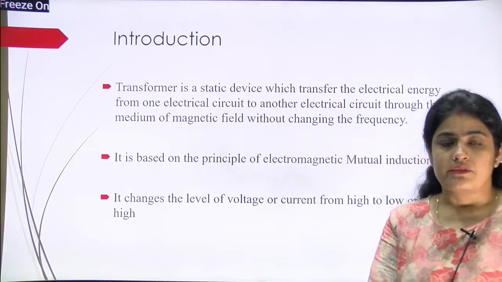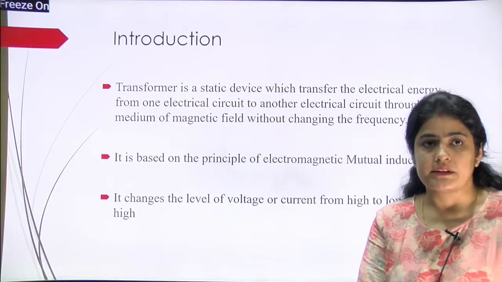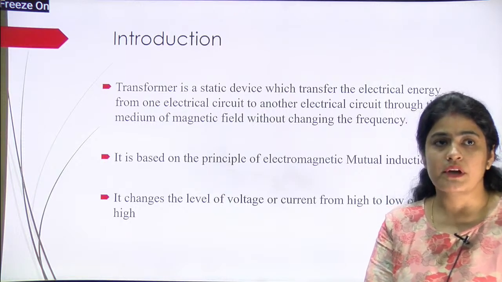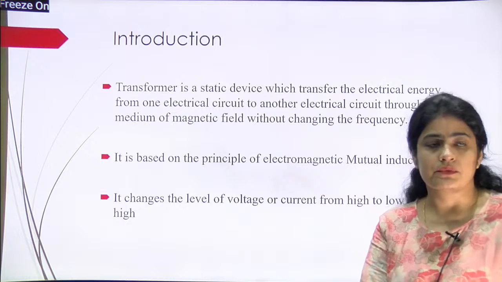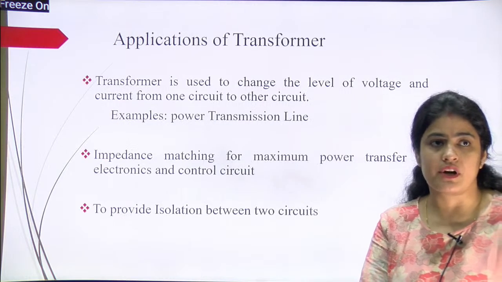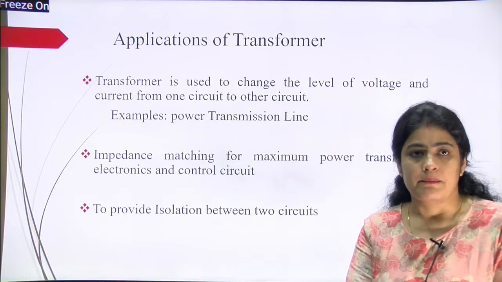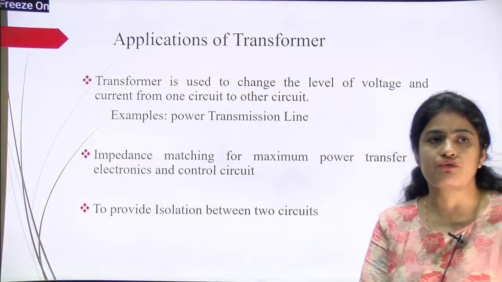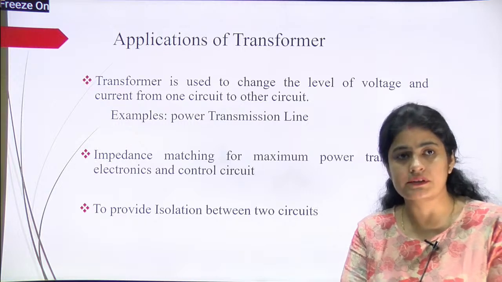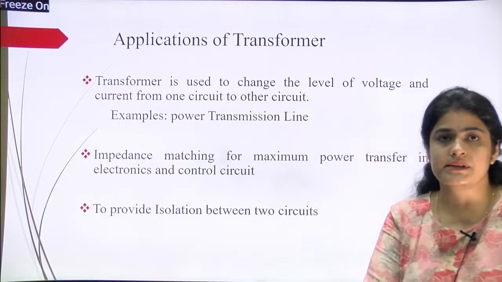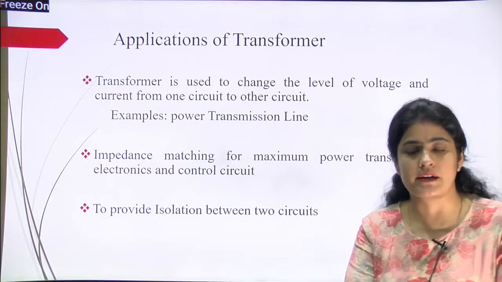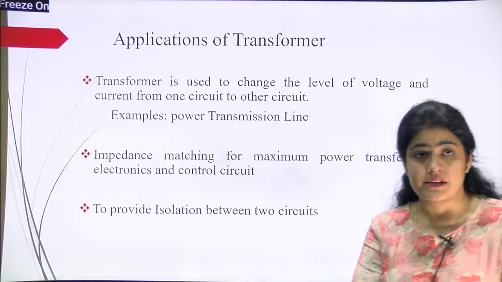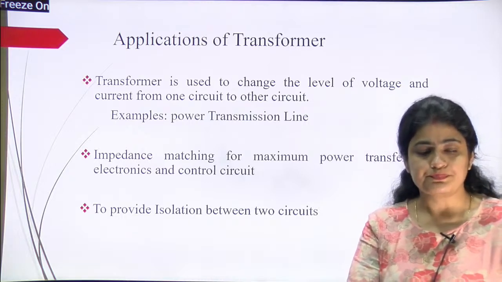Before starting with the transformer basics, you must know about the applications of the transformer. Basically, a transformer is used to change the level of voltage and current from one circuit to another, in power transmission lines at the receiving end and at the sending end also.